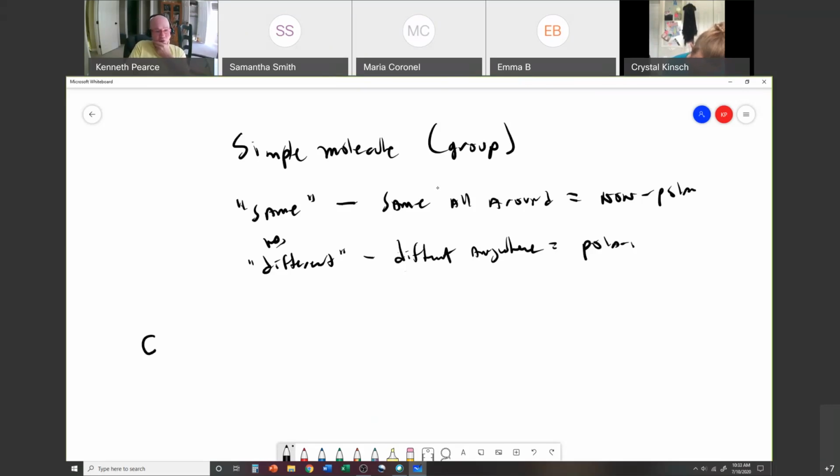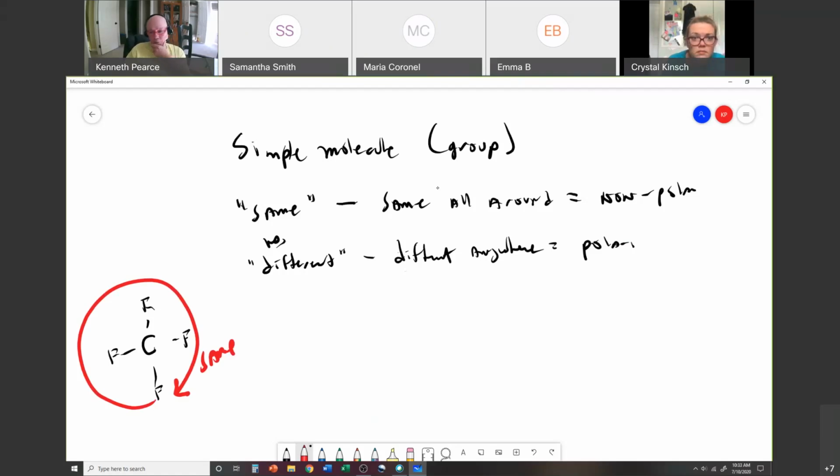Let's take a look at CF4. We look here and we say same all the way around. It's non-polar. Let's take a look at our other example that we just did.